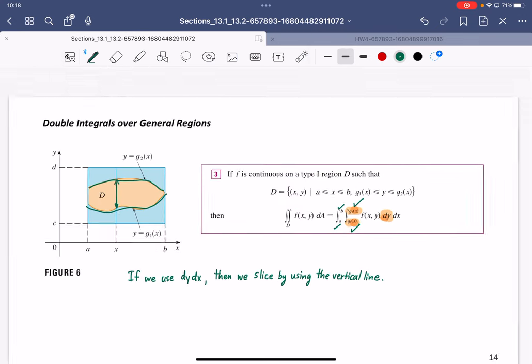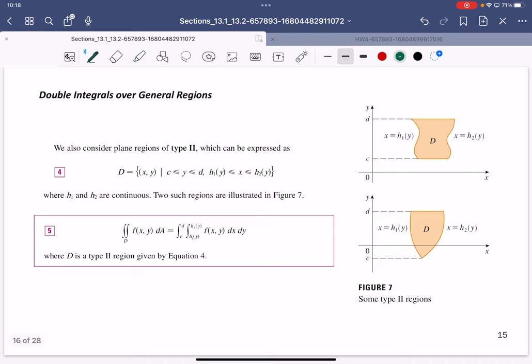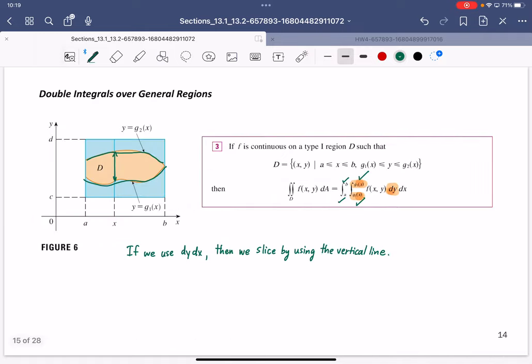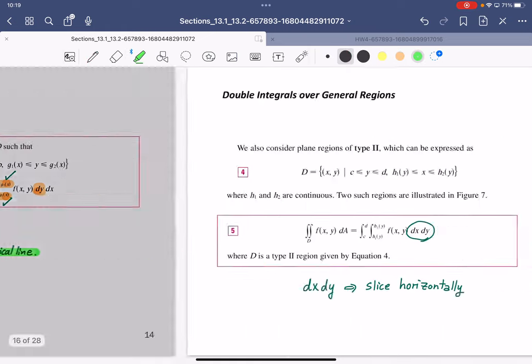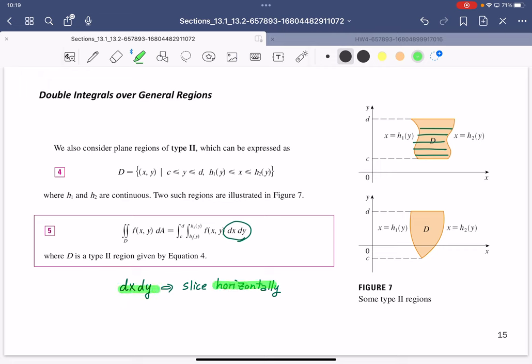In contrast, if you want to do dx dy, it means you slice horizontally. If you feel it's super hard to memorize whether you slice vertically or horizontally, the key idea is: if you do dy dx, you draw a vertical line; if you do dx dy, you draw a horizontal line.